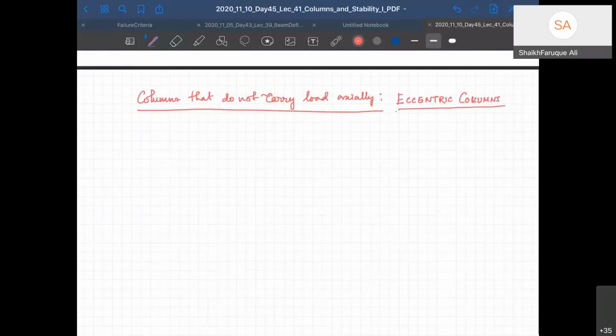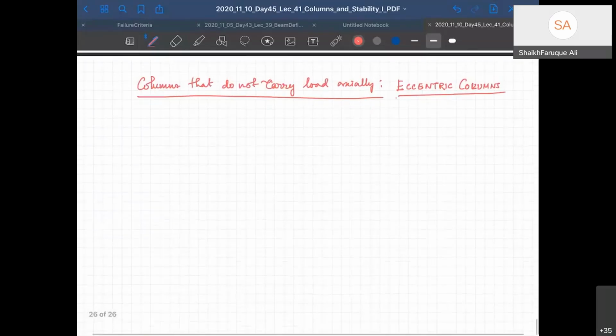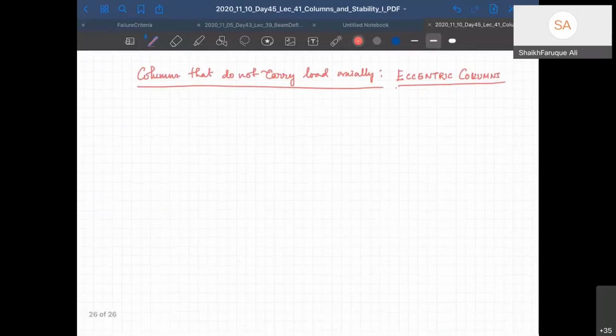It's mostly used in gantry girders. Let's say I have a column here, and the load is somewhere here.